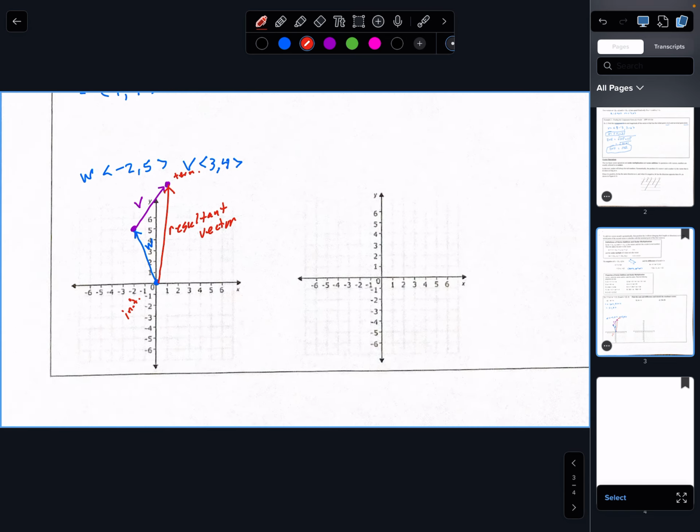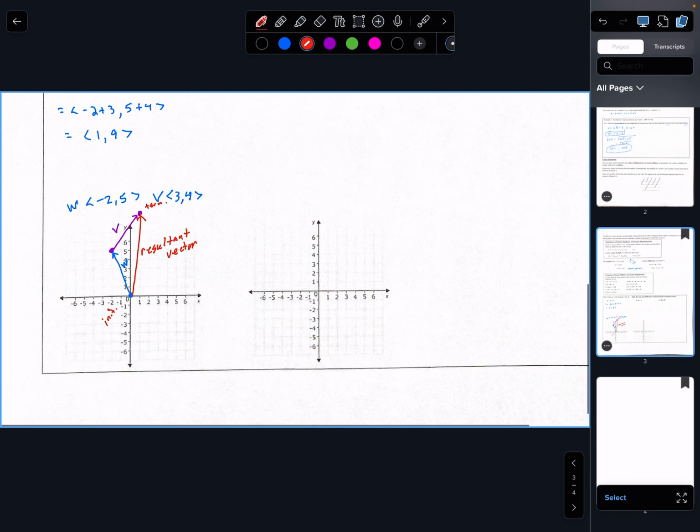And it should correspond with the fact that the resultant was to the right 1 and up 9. If from 0, 0, I go right 1 and up 9, I end up at the same spot as I did after adding them. That's the resultant vector.